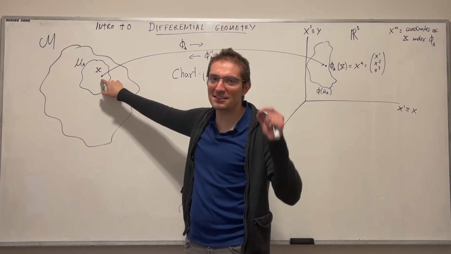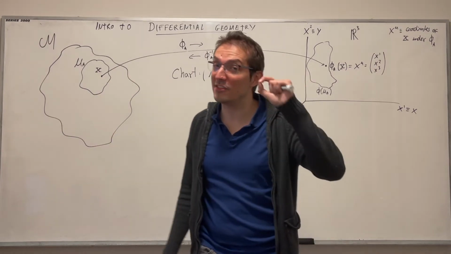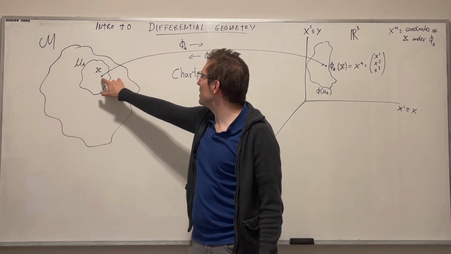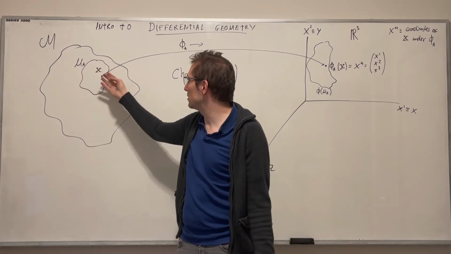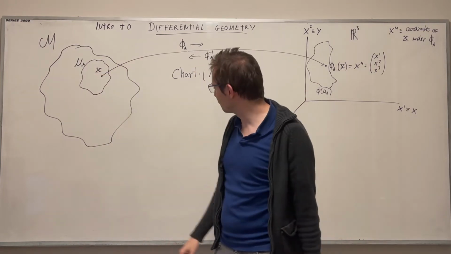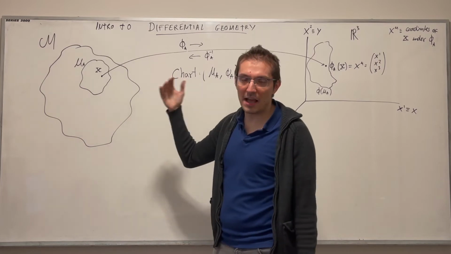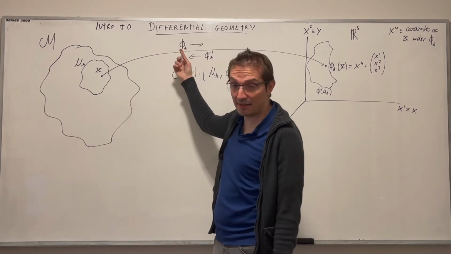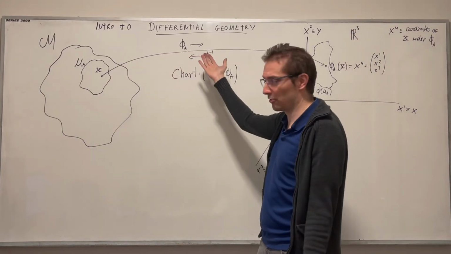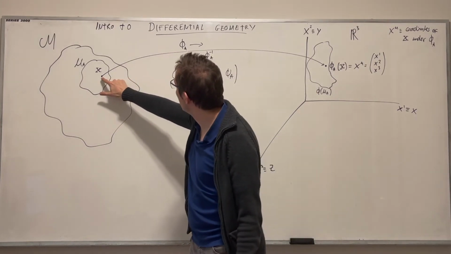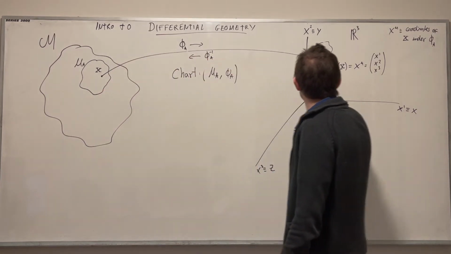This point x represents an element of the manifold. And that element of the manifold is in an open set here that I call U sub A, that contains the point and some points around it, some neighborhood. And because this is a topological manifold, I can find a homeomorphism, let's call it phi A. This homeomorphism has an inverse, both are continuous, and it maps a point in the manifold to a point in Rn.